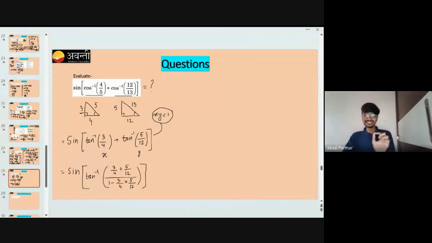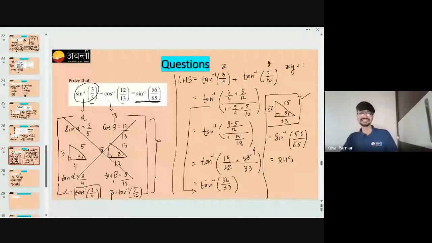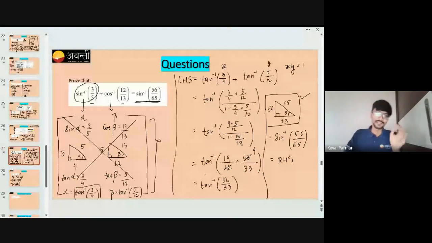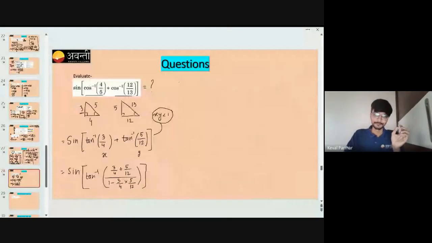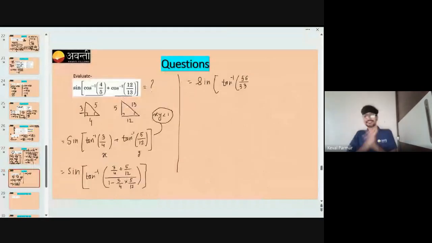It is exactly the same as here. See, it is the same. So don't mind me if I directly write it as tan inverse of 56 by 33. It is fine. I'm very bad at calculation, and unfortunately, you are also not helping me.